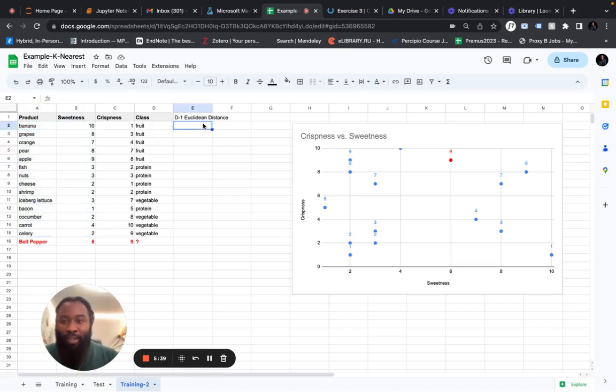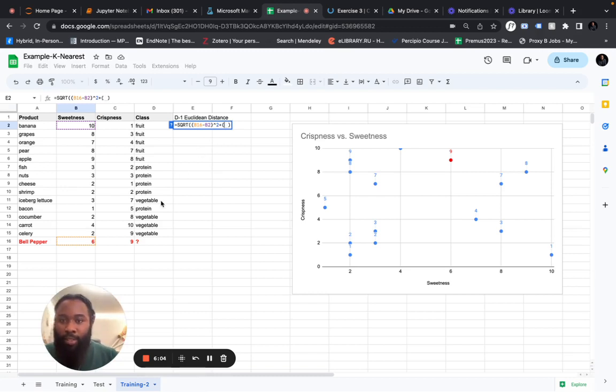So how do you do this? The formula is quite simple. It's the square root of the difference between the new object and the neighbor, squared. Pretty simple, straightforward. You have to do this for all the features, not just sweetness, but for crispness as well.